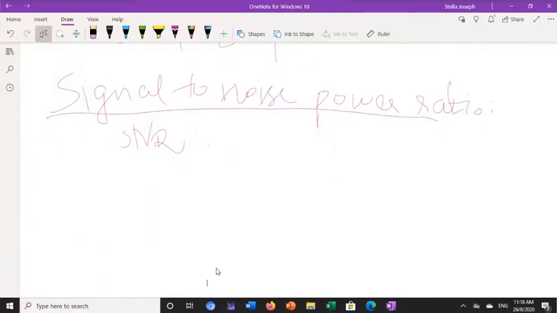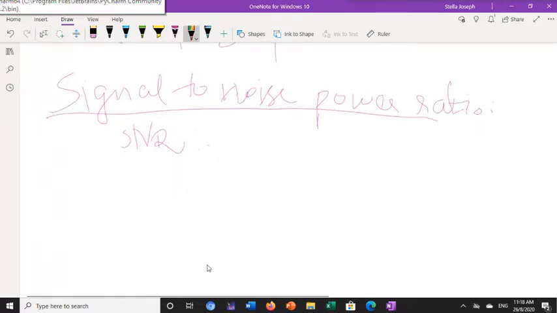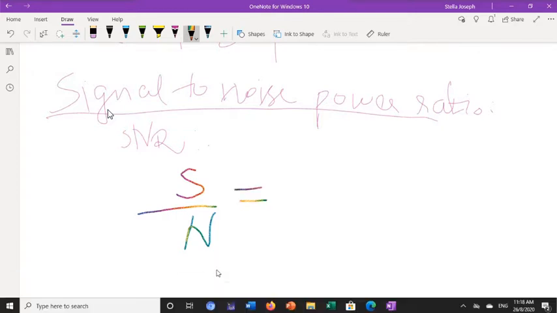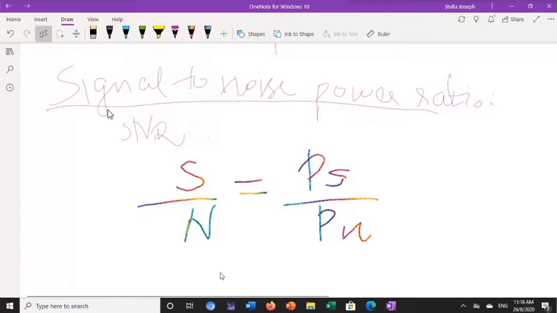So what is signal to noise power ratio? It is the signal power upon noise power. The simple formula is S by N, that is signal to noise power ratio is equal to signal power divided by noise power.